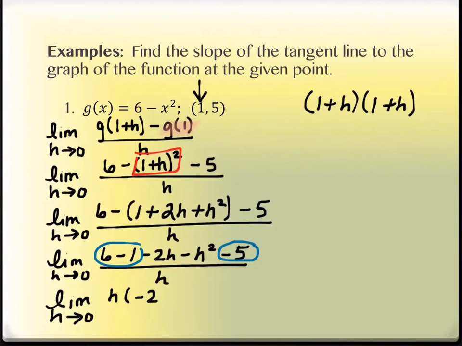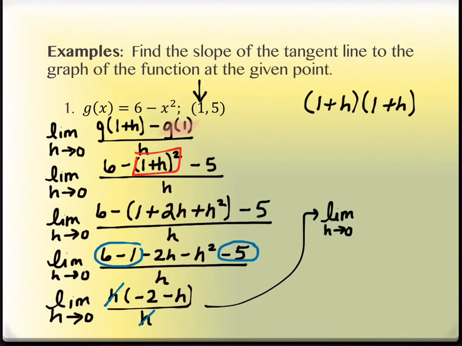That's going to give me negative 2 minus h over h, because then I'm able to do the cancellation. I will take one more step of rewriting to make everything very clear. I now have the limit as h approaches 0 of negative 2 minus h.